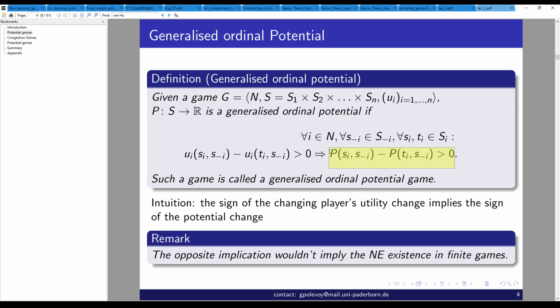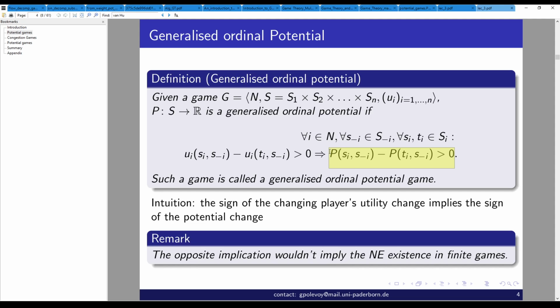And since it cannot grow indefinitely when, for example, the game is finite, then at some point no player can improve, and at some point it's an equilibrium. So that definition, if it holds, will imply something important, the existence of an equilibrium for finite games.